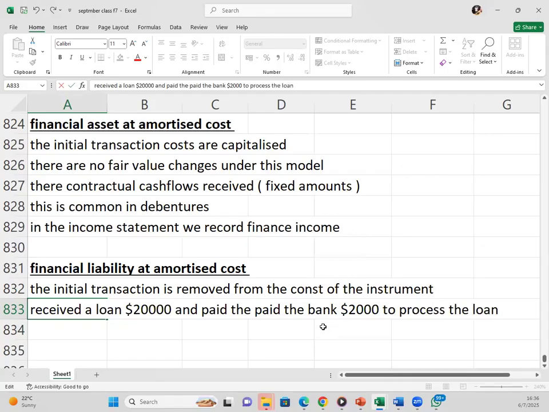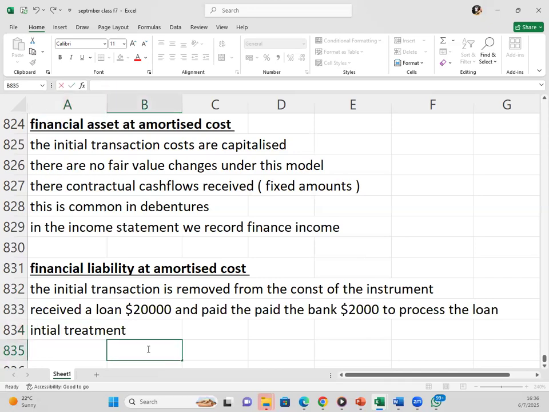So if it's a financial liability, initially when you are recording it, you got a loan of 20,000, but you had to pay 2,000 to get it. So in other words, what you received is not 20,000, but 20,000 minus 2,000.